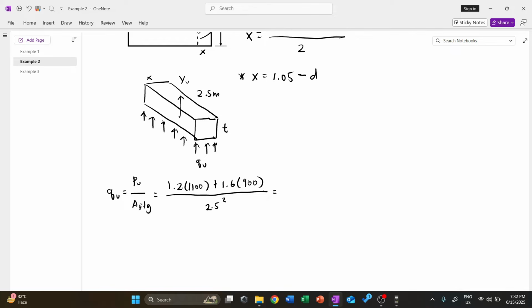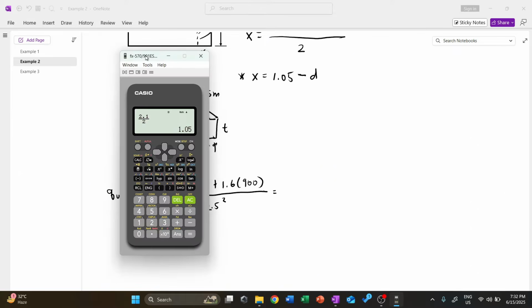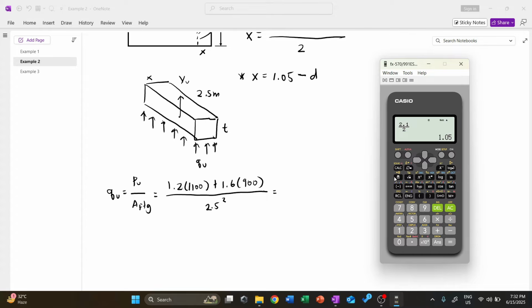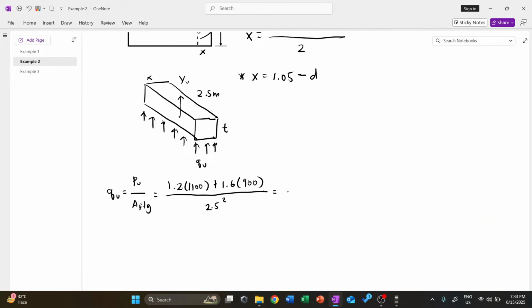Alright, so ang ating QU dito ay equal to 1.2 ng 1.1 plus 1.6 ng 900, divide this by 2.5 square. Okay? So, meron tayong QU na 441.6 kilopascal.